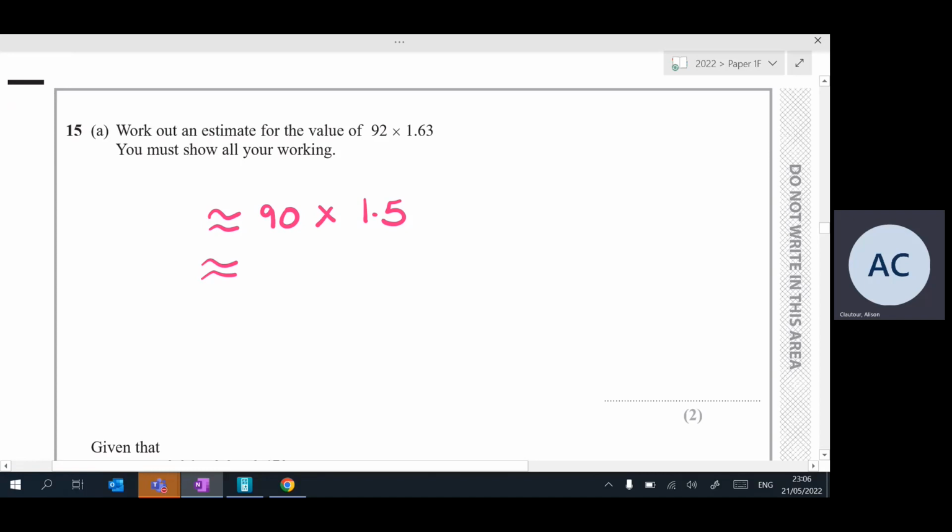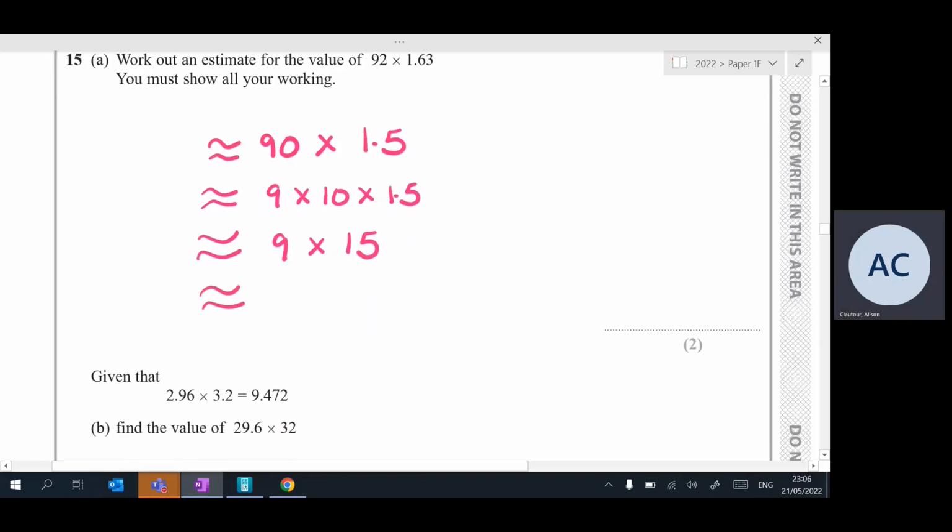But this one's quite easy to work out because 90, I can make 9 times 10 times 1.5. 10 times 1.5 is 15. So then I'm just doing 9 times 15. So 9 times 5 is 45.